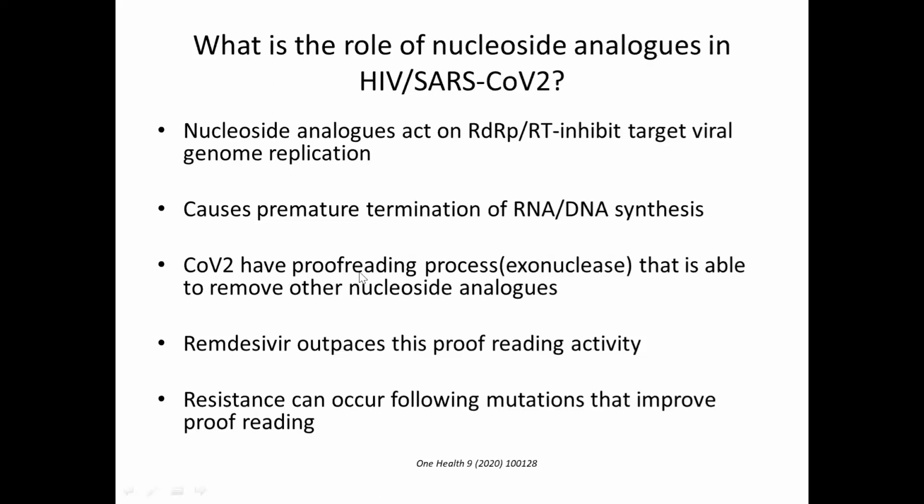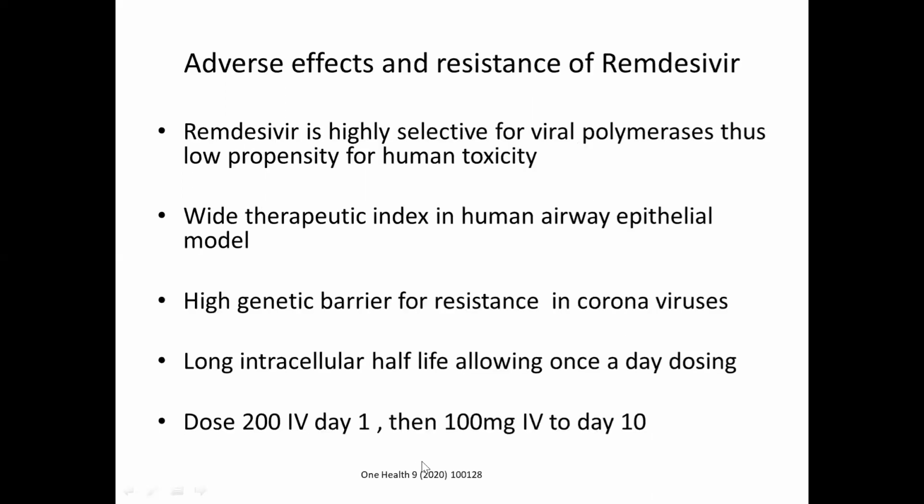If you try the other ARVs, SARS-CoV-2 has proofreading, and it will take out this nucleoside analog. But remdesivir outpaces the proofreading activity. The other drug that can work is favipiravir. Resistance can only occur if proofreading improves with remdesivir.